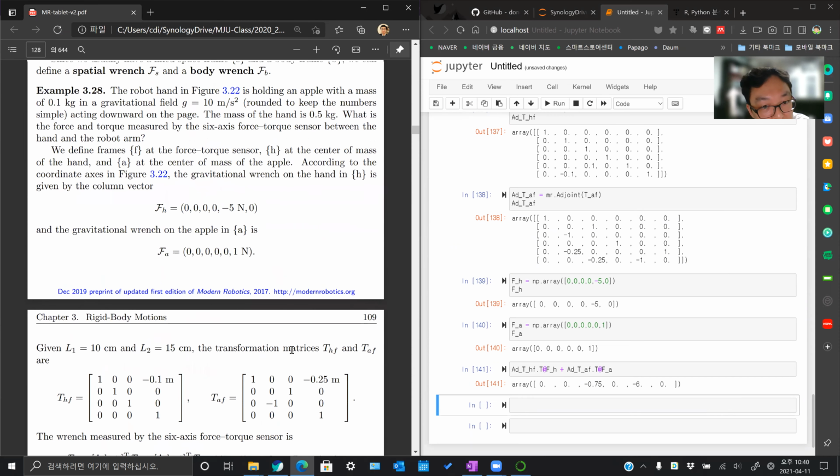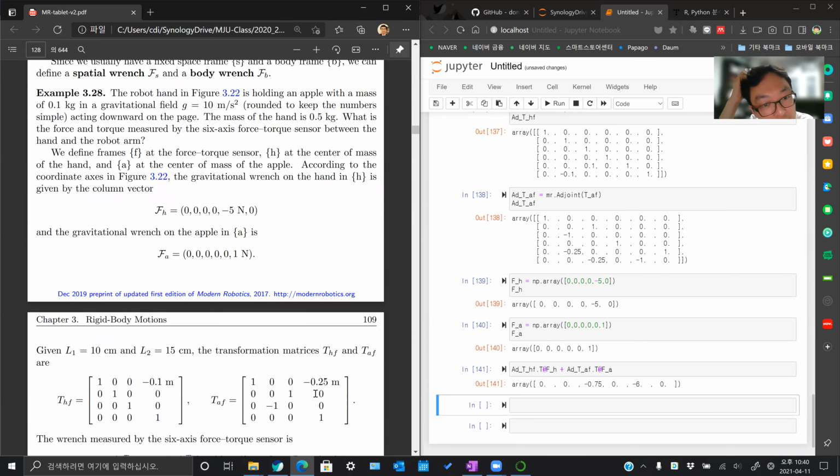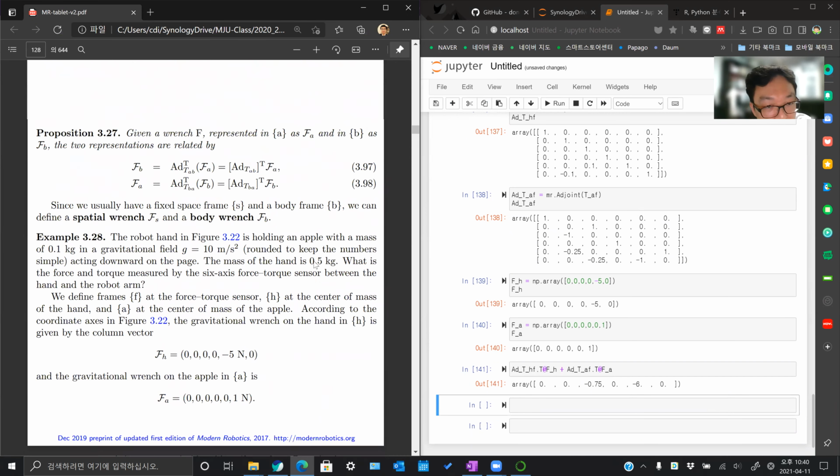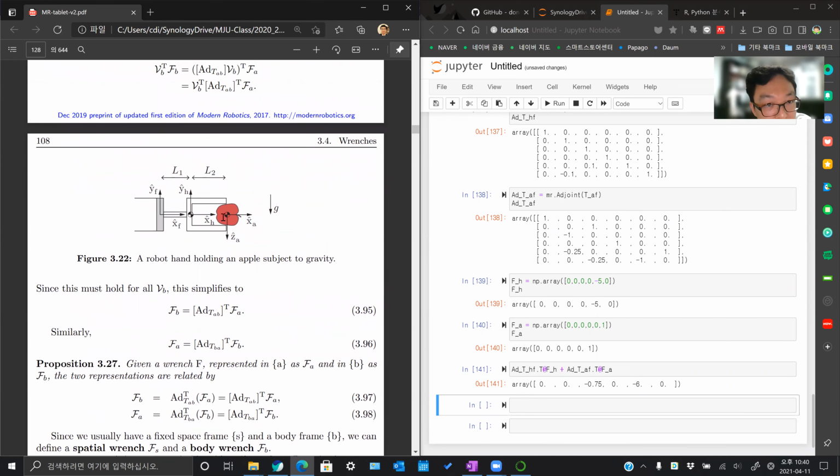But I think this one should be 1, because A and F, A here, and the y-axis should come out of here, and the z-axis in F, x, y here, then comes out here.